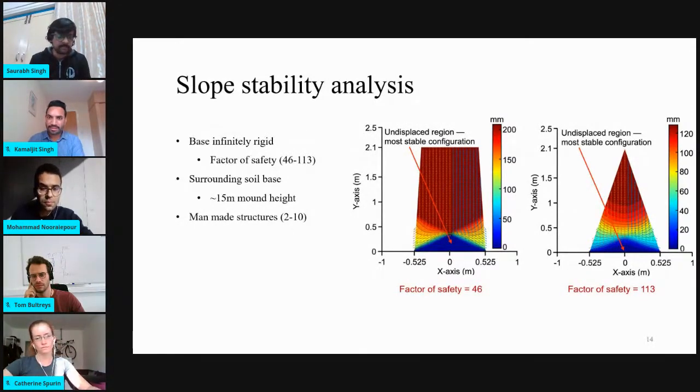From the two mounds that we have tested, the results are quite consistent, and I don't think there's any issue in saying that the factor of safety is quite high for most termite mounds.